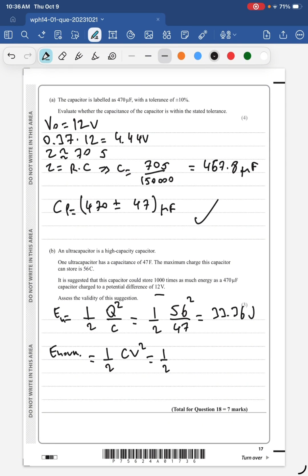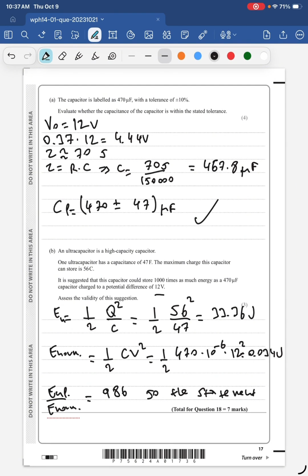So 1/2 times 470 times 10 to the negative 6 times 12 squared. That's 0.034 joules. And if we divide the energy that the ultracapacitor can store by the energy that the normal capacitor can store, we find the number 986. So the statement is approximately true.